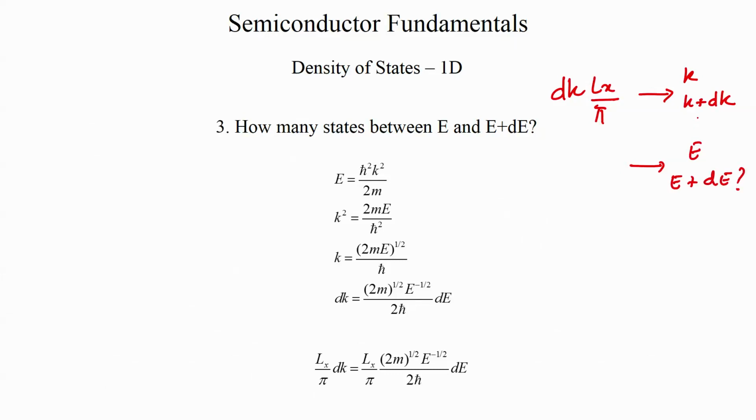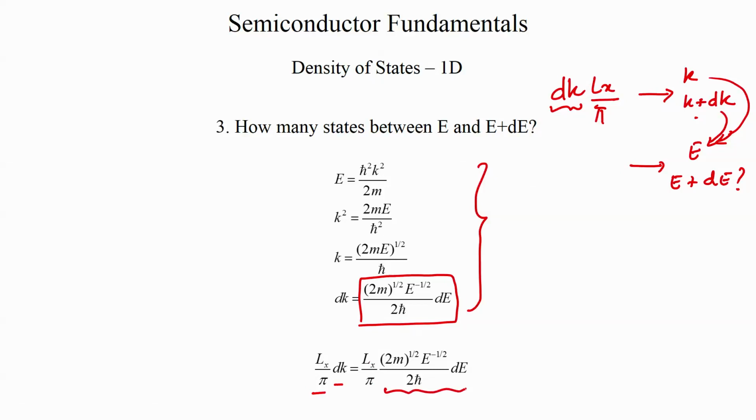So, we convert all the terms from k space to E space, to energy E, and we use the same set of relations. The only thing is this time we only have a dk term. So dk is related to E in this manner. So, Lx by pi dk is simply Lx by pi into this particular term here, which is your dk, and therefore, there are these many solutions.